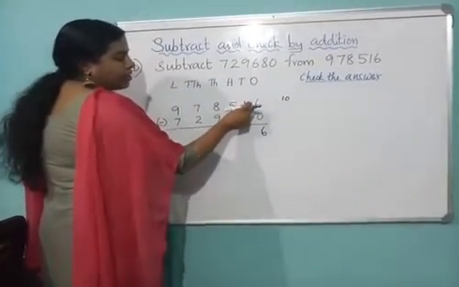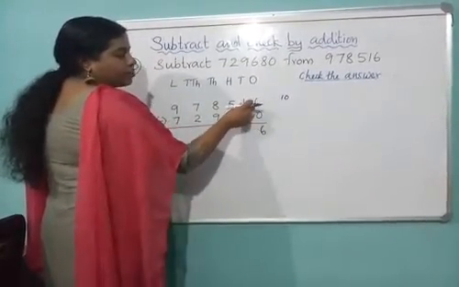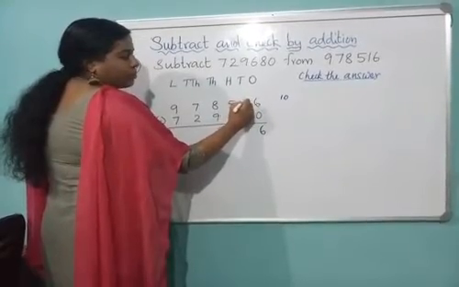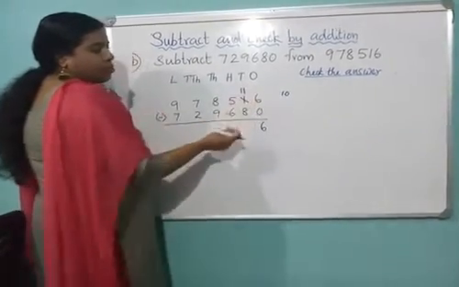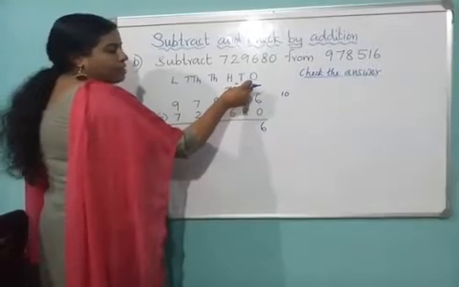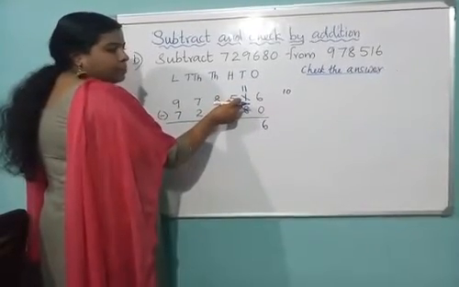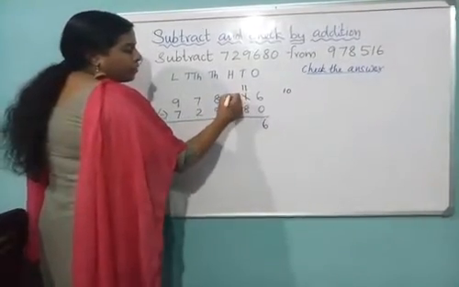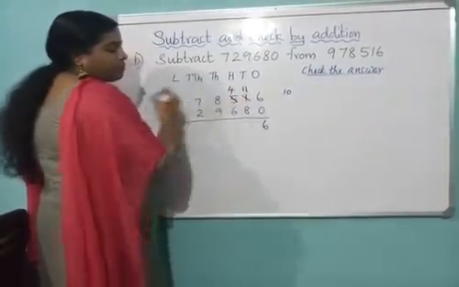We already have 1 there, so 10 plus 1 is equal to 11. So in the tens place now we have 11. But in the 100 place we removed 1 group, so we have only 4 here.